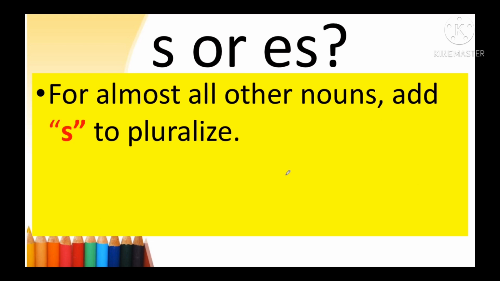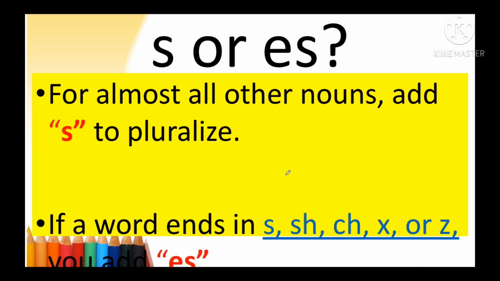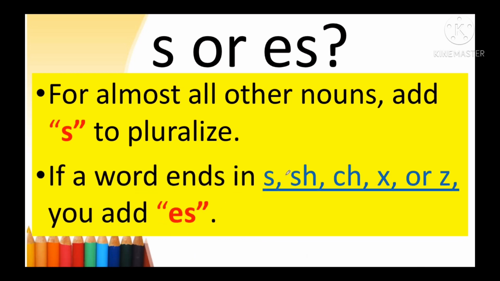For almost all the nouns, we need to add S to make it plural. Just like cat, cats. That's only S. Dog, dogs. That's only S also. Right? And if a word ends, you need to take note of this.